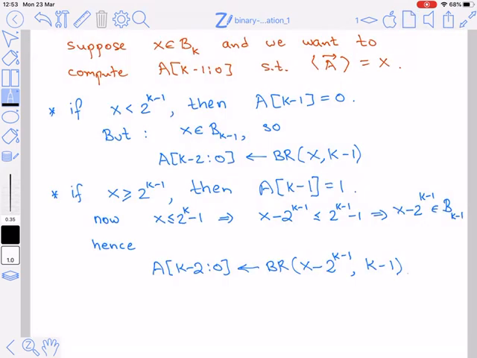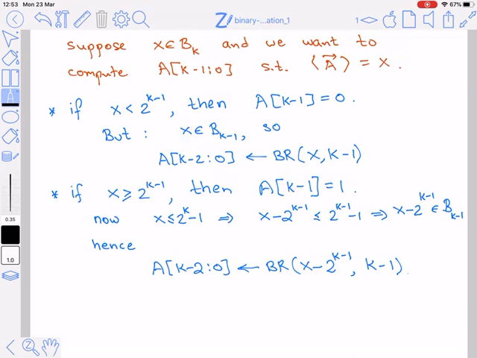Now suppose that we have an x within the right range, namely it is representable by k bits in binary representation, and we want to compute the binary string that represents the value x. Now, we have two options. Either x is less than 2 to the power of k minus 1, or x is greater than or equal to 2 to the power of k minus 1. If it's less than this threshold, then the previous claim tells us that the most significant bit is 0.